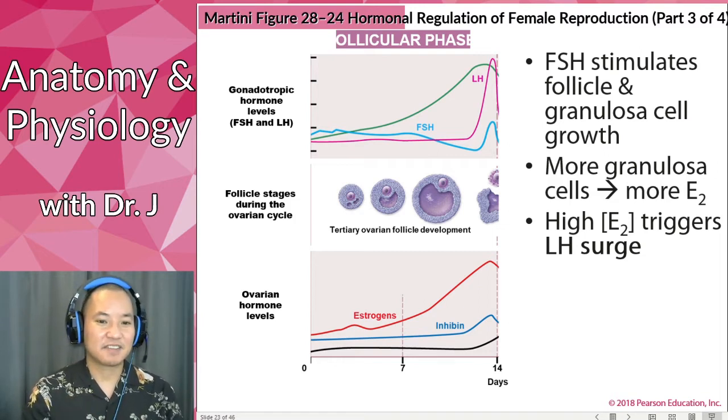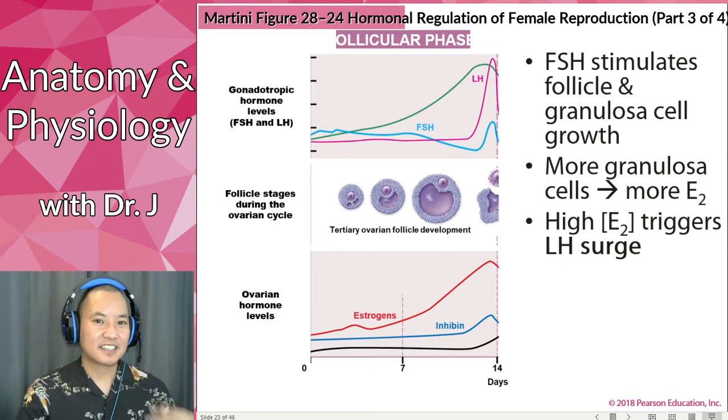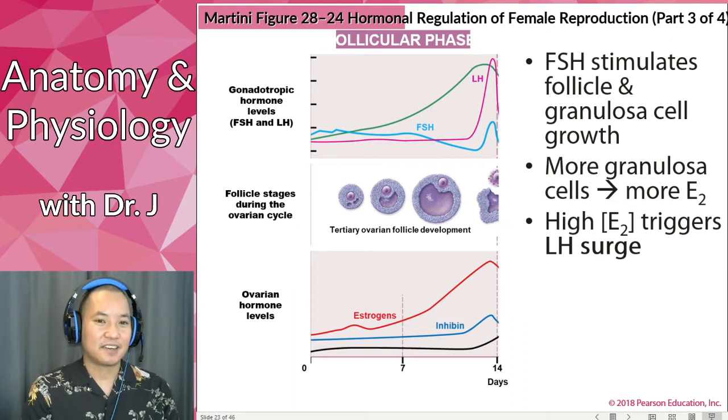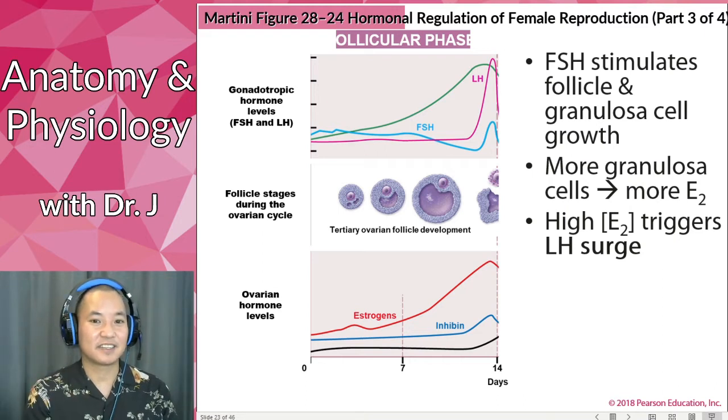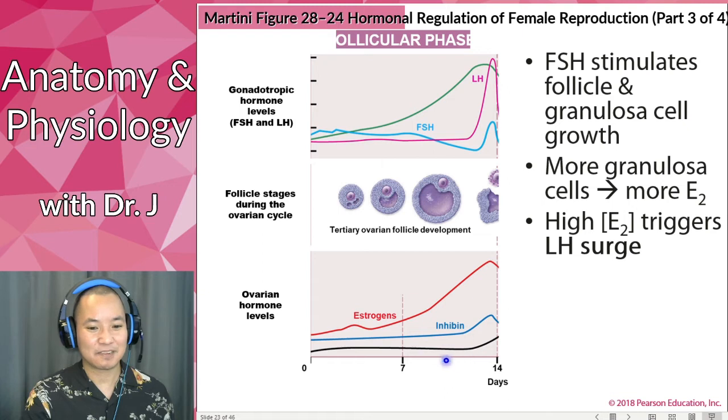Even though it's kind of inhibiting the GnRH, FSH, and LH, it's actually increasing the receptors for GnRH on the pituitary gland, while also somehow affecting the activity in the hypothalamus in terms of producing and secreting GnRH. So it actually goes from negative feedback and switches to positive feedback around this part.